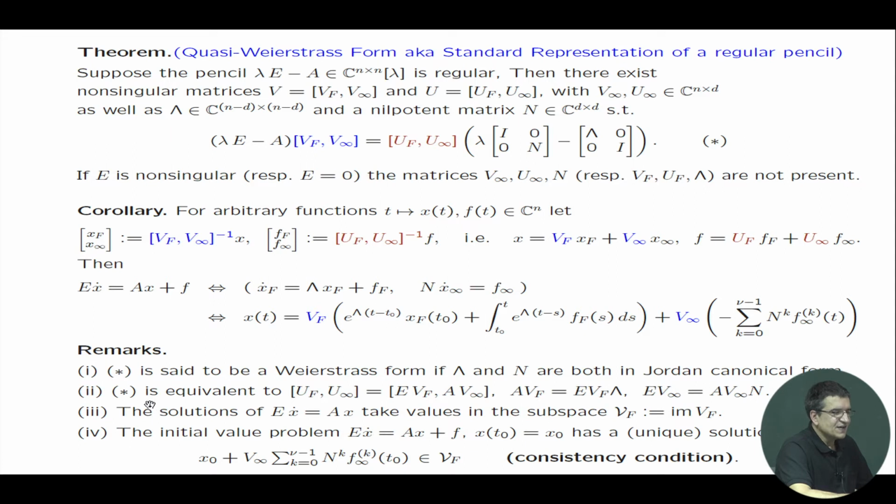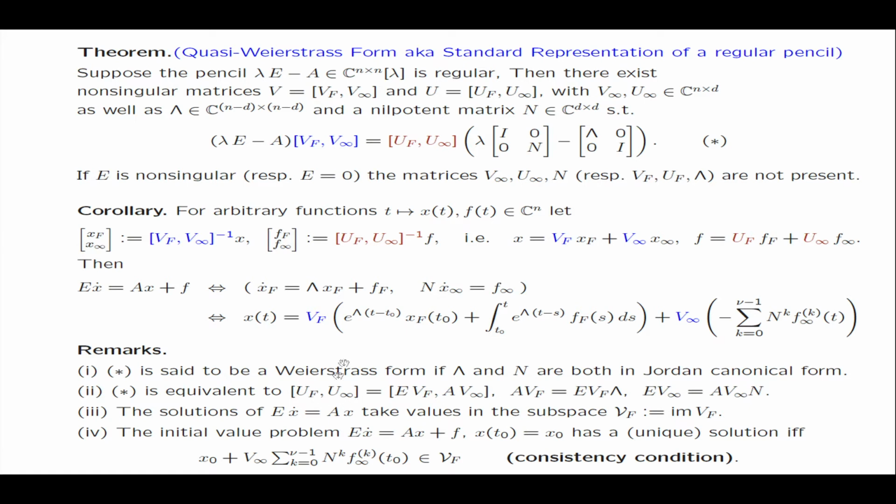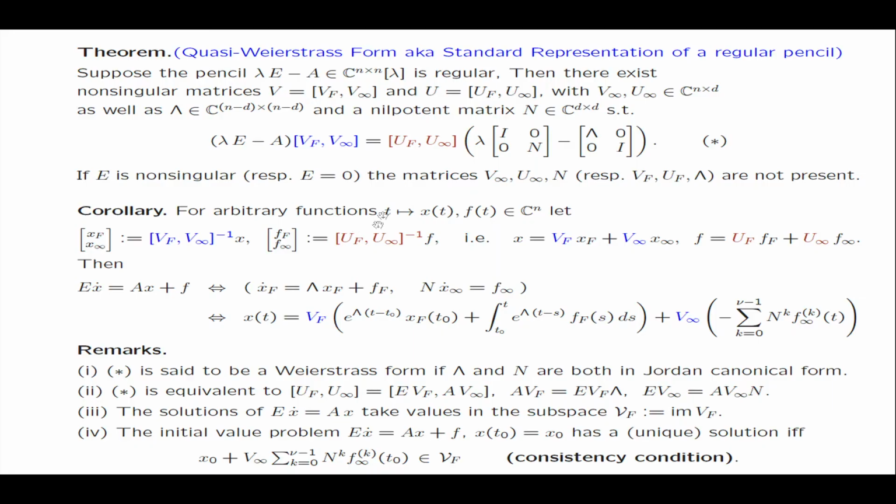Next remark: I said that the U matrices are computed from the V matrices, and in fact, if you have such a relation, you can look at it, reorder terms, and you come to the conclusion that U_F and U infinity are computed from the V's in this way, just by multiplying the V's with the matrices E and A. So actually you can take this equation and split it into parts, equations for the parts which appear in this equation.